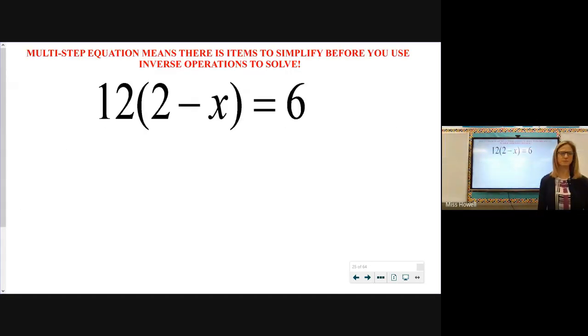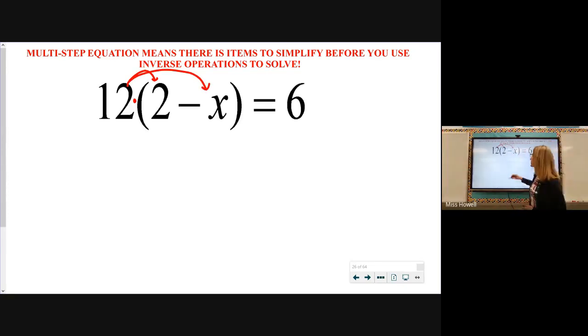Number one. All right, we looked at this type with our two-step. It's really the most basic type of multi-step problem because it does require some expanding using our distributive property. So in this case, we started with taking our 12 times and sharing it to our 2 minus x.